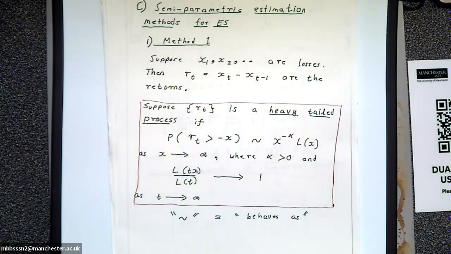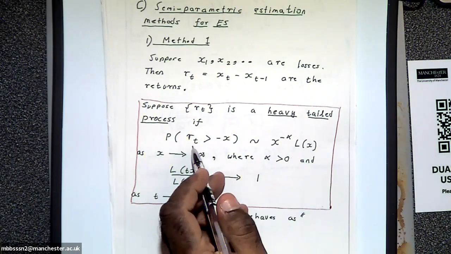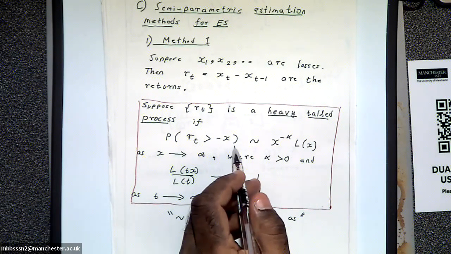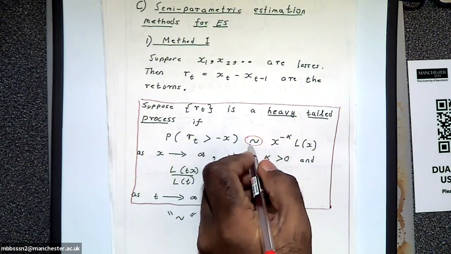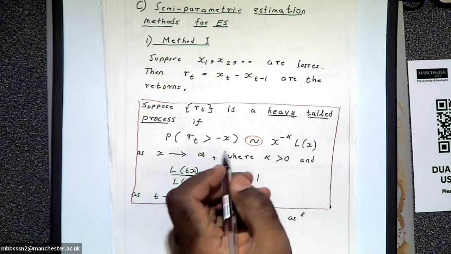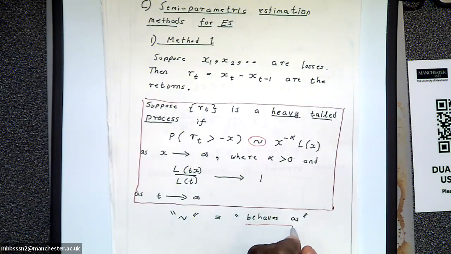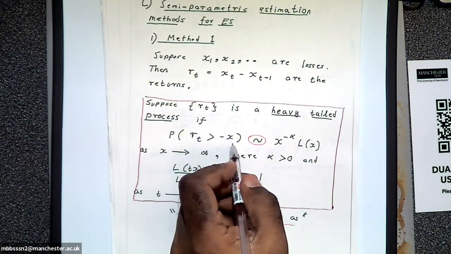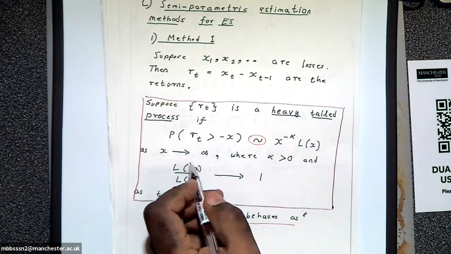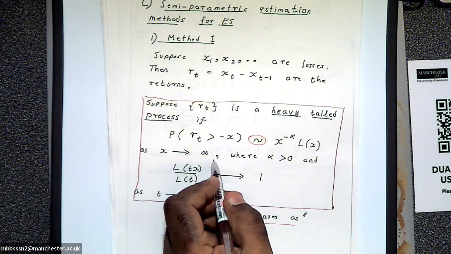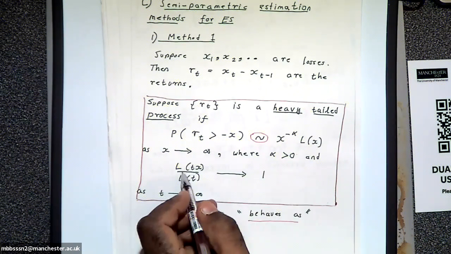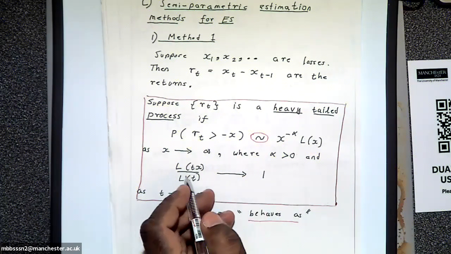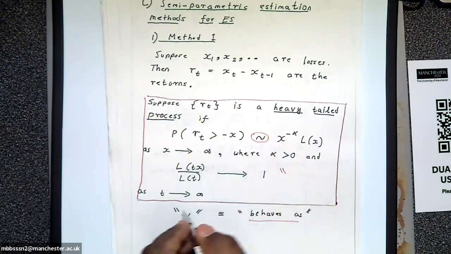A process is said to be heavy tail if the probability that RT is greater than minus X behaves as, and if you're not familiar, this sign means "behaves as", this as X goes to infinity, where alpha is positive, and L is a function that satisfies this.